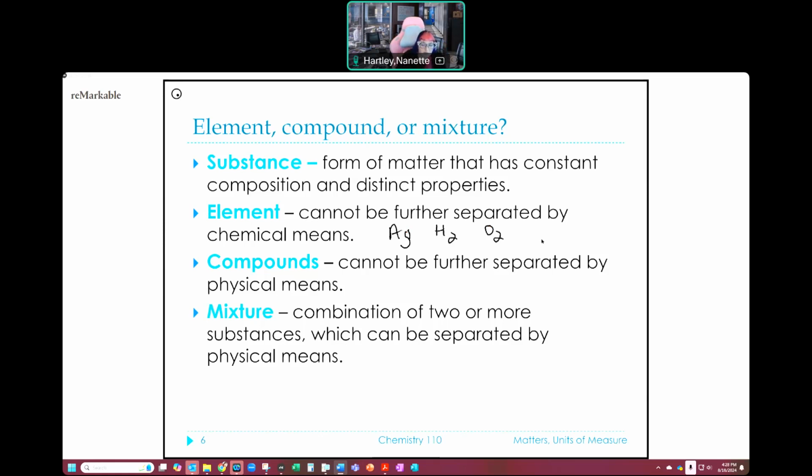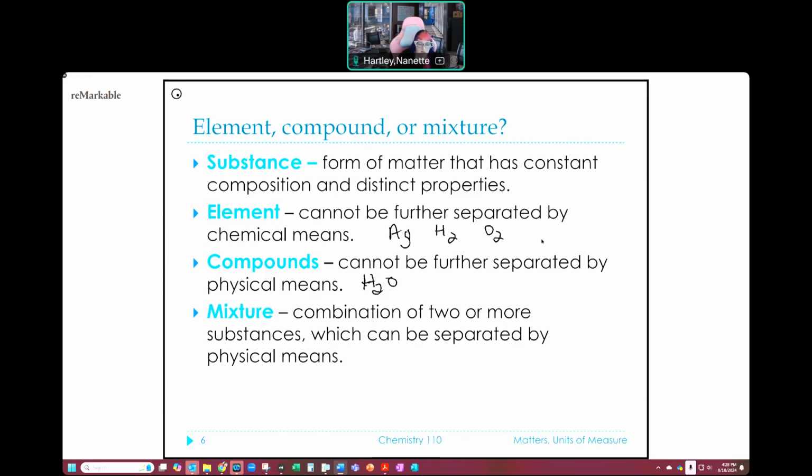A compound, on the other hand, can be further broken down, but it can't be further separated by physical means, okay? So one of the things that we talk about here, your most common experience with this, is water. Water is composed of two elements, hydrogen and oxygen, in a fixed ratio, 2 hydrogens for 1 oxygen. Okay, that's what that H2 and the O mean.